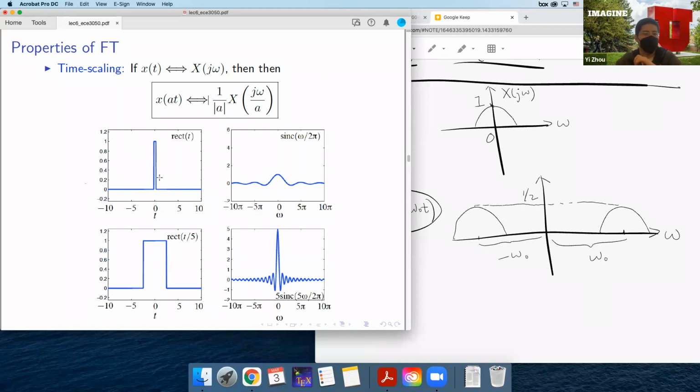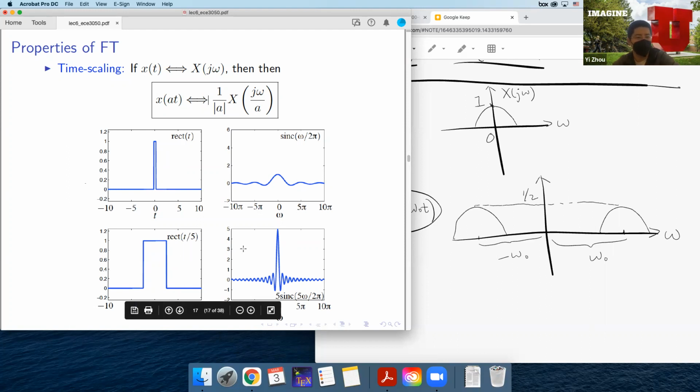Now in the bottom figure, we scale the signal in the time domain. So it's like we are using a time scaling factor A less than 1, so that the time axis is expanded. If we expand the signal in the time domain, then you do the same Fourier analysis.